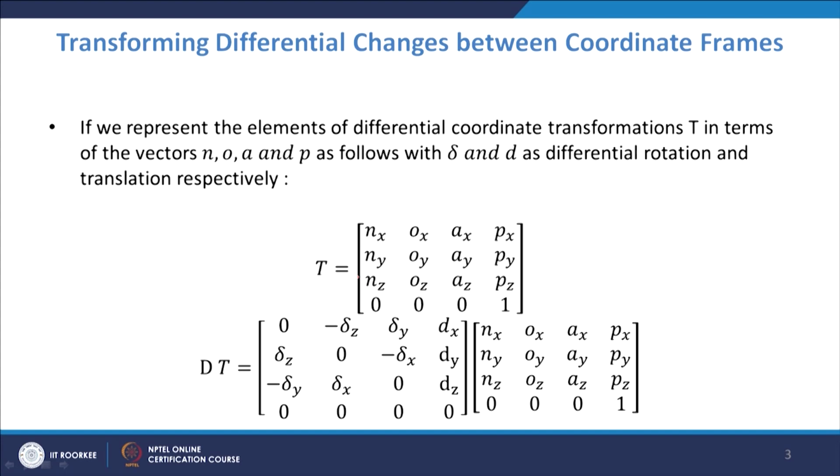So, we denote fTm, the m frame with respect to the f frame, by the 4 by 4 matrix like this, where the columns represent the vectors n, o, a, p, some standard notation for the 4 columns of the homogeneous transformation.